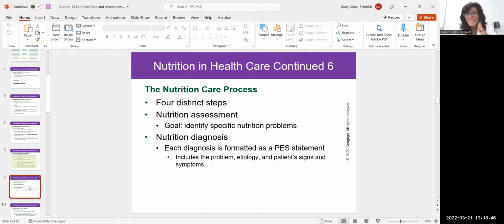So in the nutrition care process, which is what they call it here, there are 4 distinct steps they lay out. So first is the nutrition assessment. The goal is to identify what are the specific problems for that patient. Then we come up with a nutritional diagnosis, and that's kind of like a nursing diagnosis. It's formatted as a statement that includes the problem, the etiology of the problem, and what are the patient's symptoms, right?